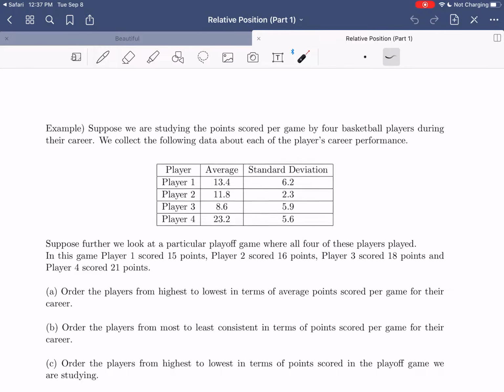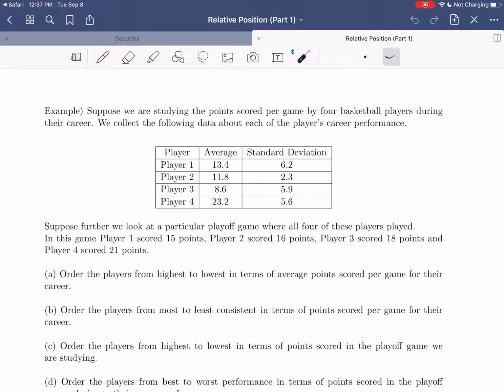For our first example, suppose we're studying the points scored per game by 4 basketball players during their career. We collect the following data about each of the players' career performances. Player 1 averaged 13.4 points per game with a standard deviation of 6.2.